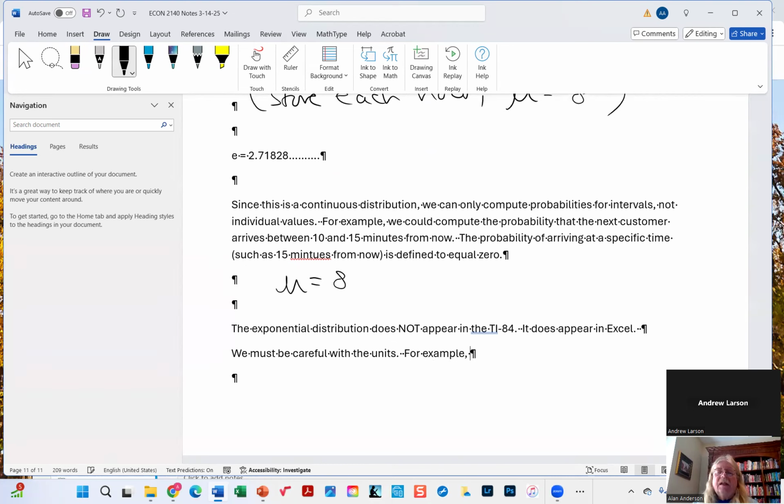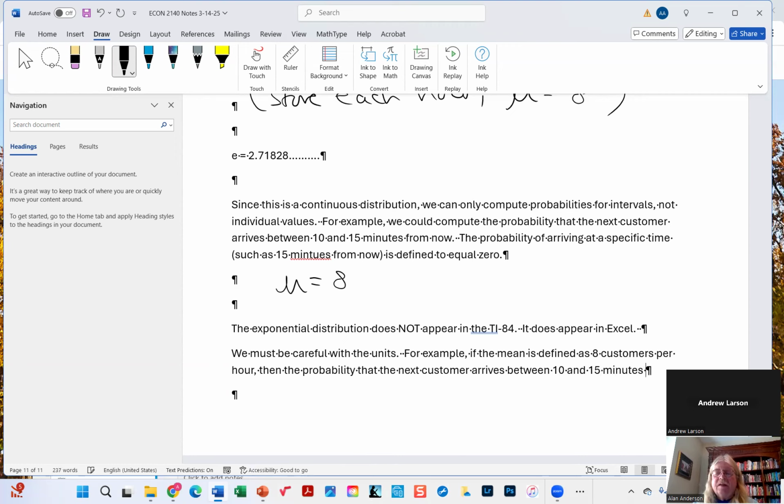For example, if the mean is defined as 8 per hour, then the probability that the next customer arrives between 10 and 15 minutes would have to be written as the probability that the next customer arrives between 1/6 and 1/4 of an hour. Okay, so that would be the one thing I would like to mention here, although we'll see it again next week.